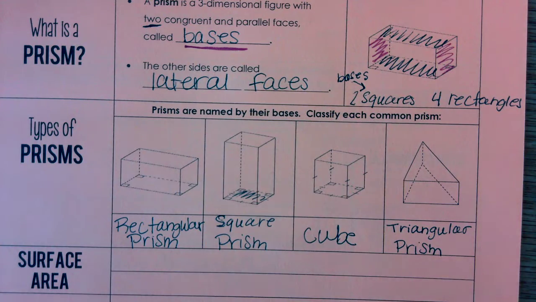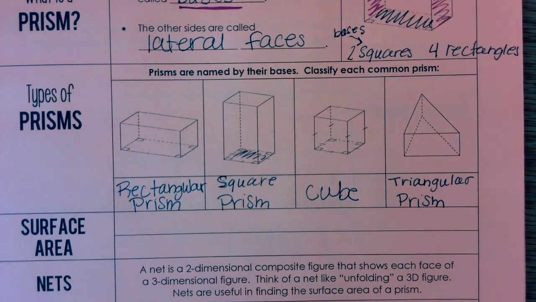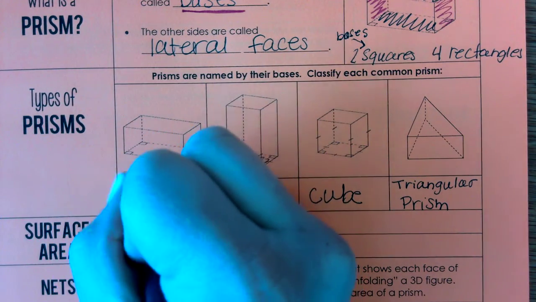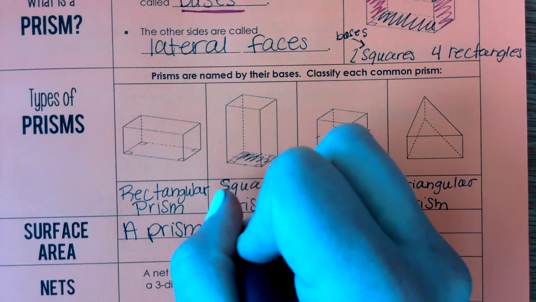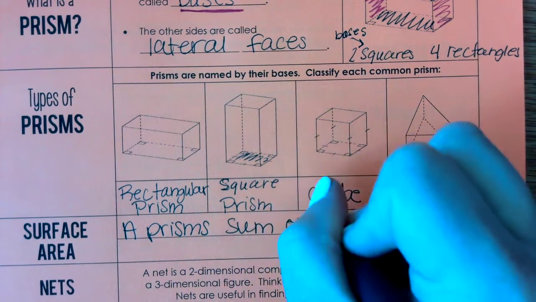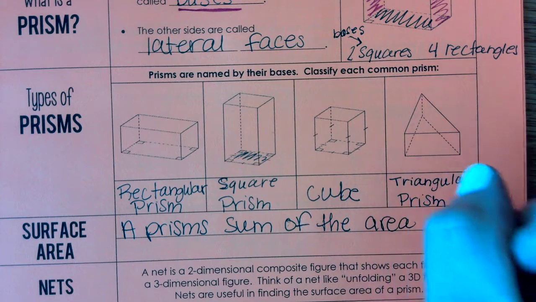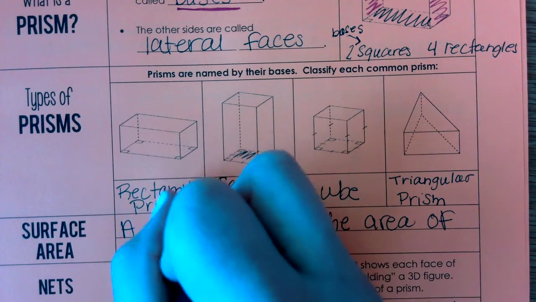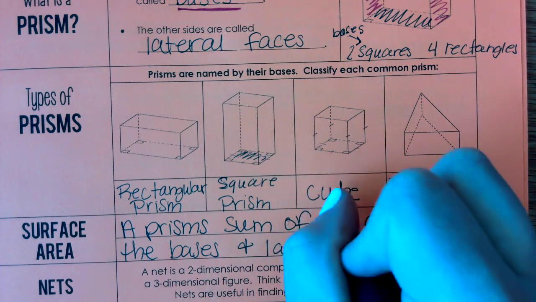Okay. So, what is surface area? We are kind of doing these a little bit backwards. I should have done this sheet first, sorry. The surface area of a prism is a prism's sum of the area of the bases and the lateral faces.